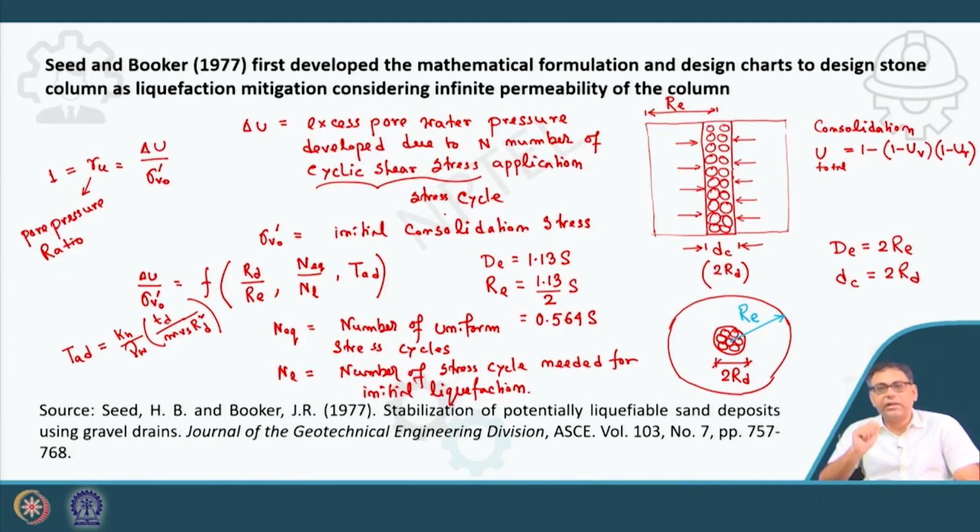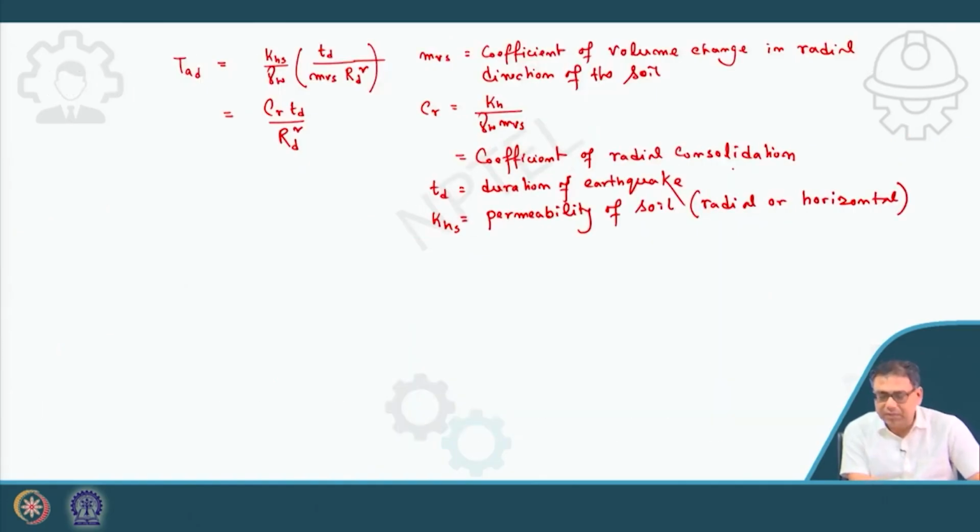Next, the stiffness of the column is more than the stiffness of the soil, or the compressibility of the column is less than the compressibility of the soil, but these parameters are not considered in this analysis. Only the compressibility of the soil is being considered. So there is a need to incorporate the compressibility of the column also, so that we can incorporate the stiffness effect of the column.